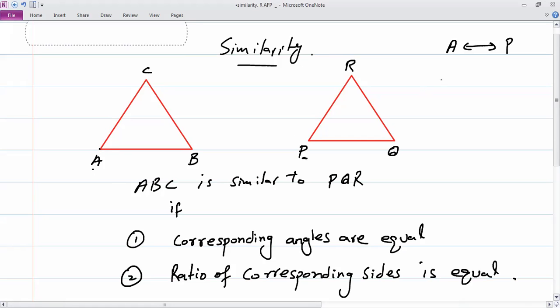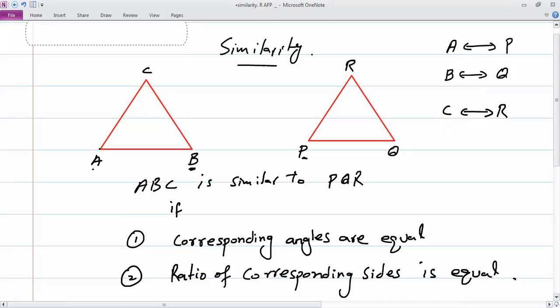In the same way, B and Q are at the same position, so I can say B is corresponding to Q. This symbol is for the correspondence. C and R are at the same place, so C is corresponding to R.